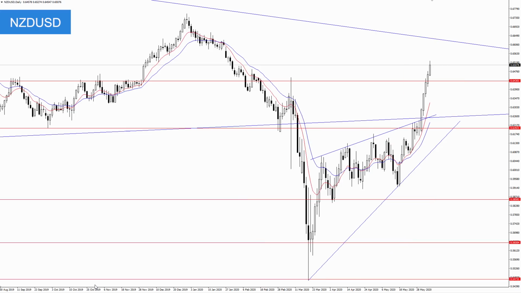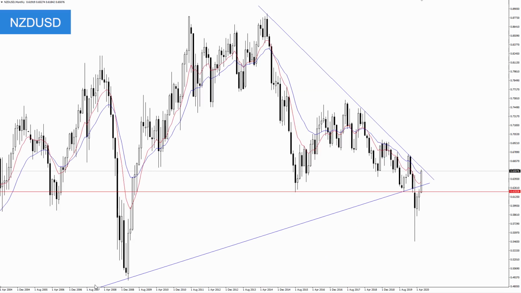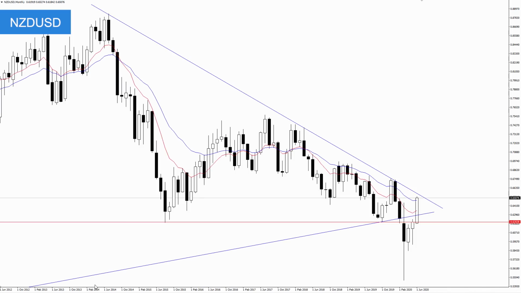So this is where things get tricky, because just looking at the monthly time frame, we don't know if this recent move lower was a bear trap, so if this was the false breakdown here, or if this candle so far in June is the bull trap. It's all going to come down to whether we start to see strength or weakness on the daily time frame.